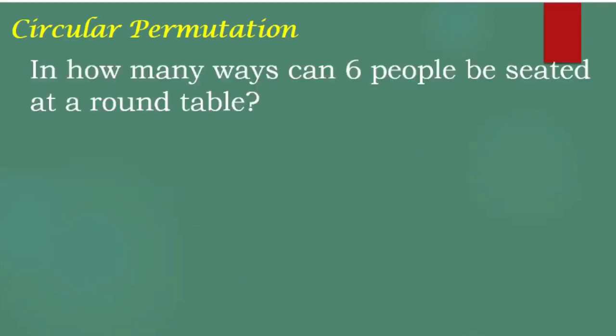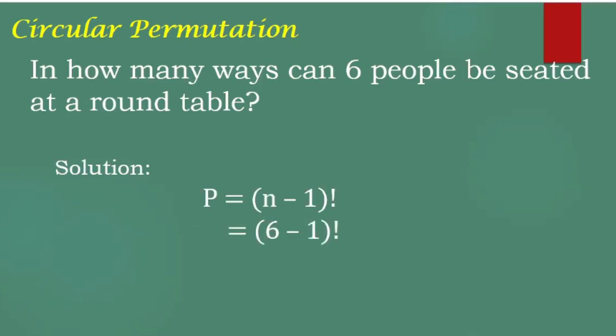Okay, so another one. In how many ways can 6 people be seated at a round table? Here is the solution. Since we have 6 people seated at a round table, our value of n here is 6.